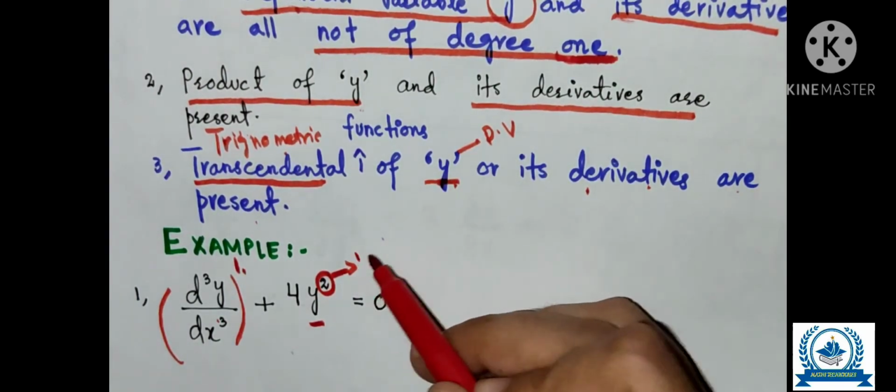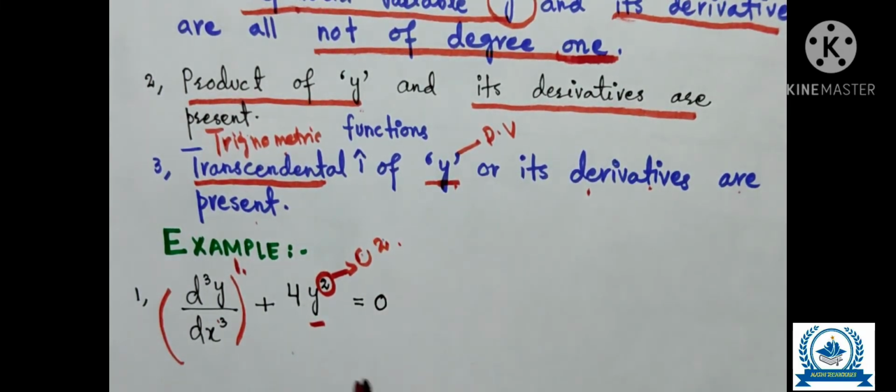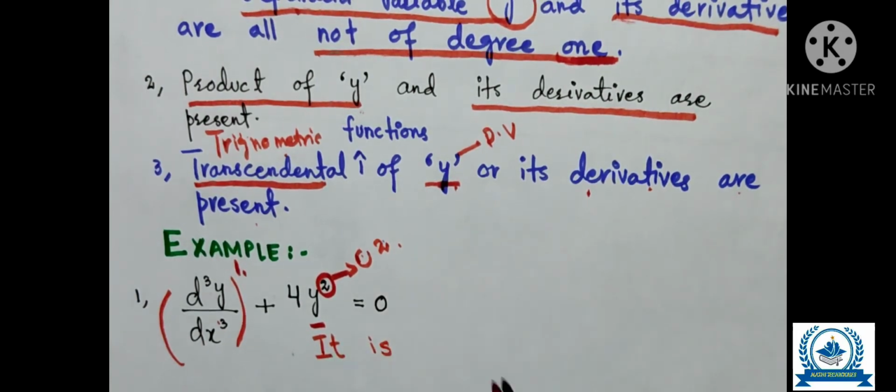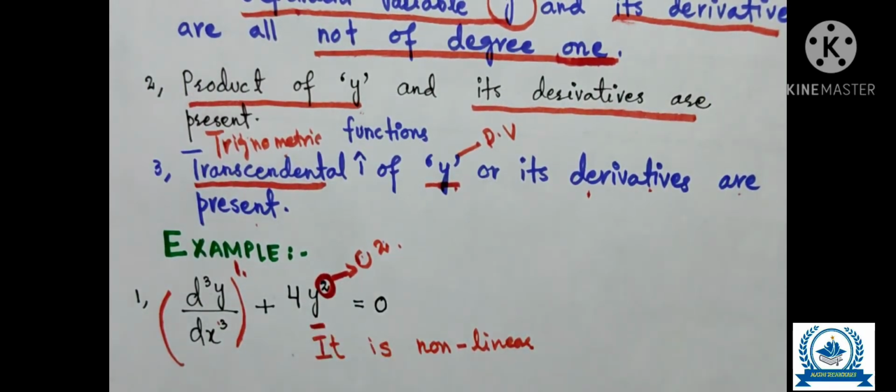It's not 1, it is more than 1, which is 2. So we could say that it is non-linear because of the power on y which is not 1, which is more than 1.